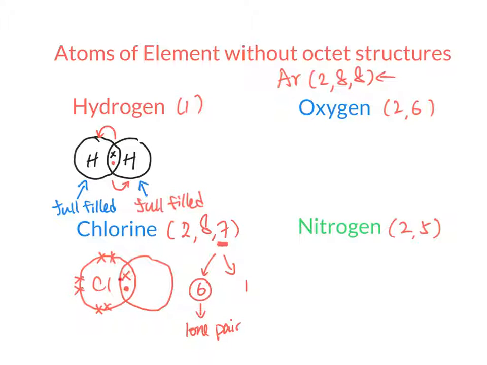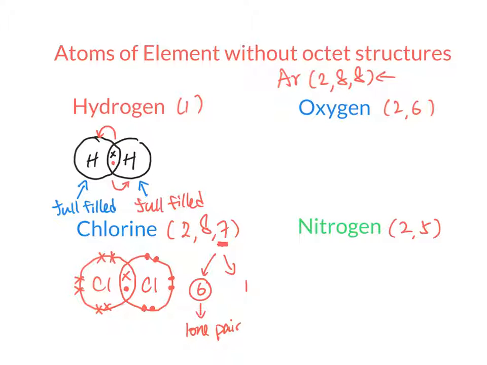You can count 1, 2, 3, 4, 5, 6, 7 for this chlorine, and the chlorine on the other side also has 7. They share 1 pair of electrons, and then they form octet structures.